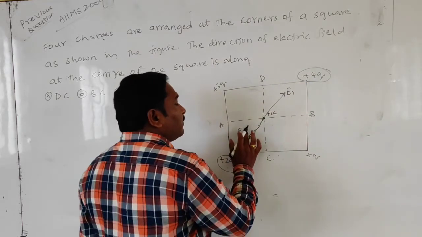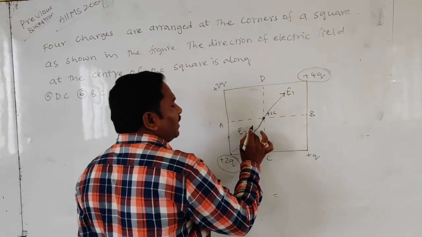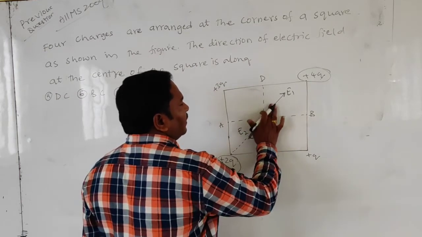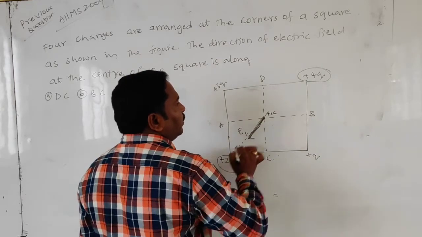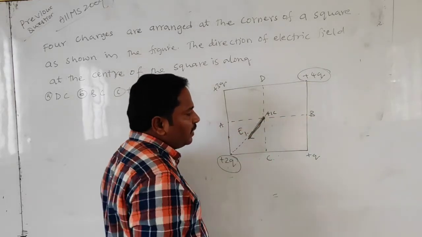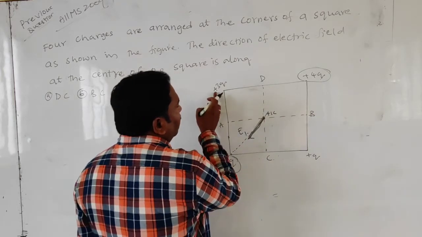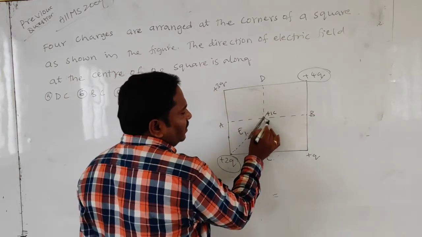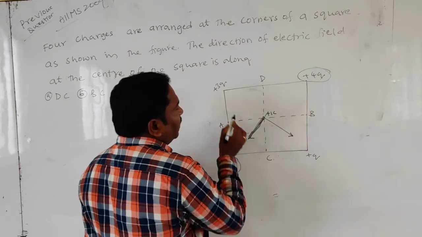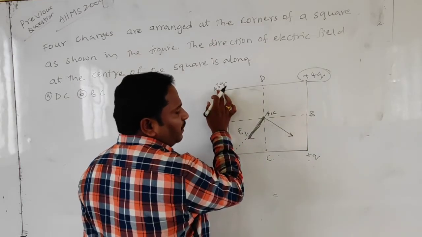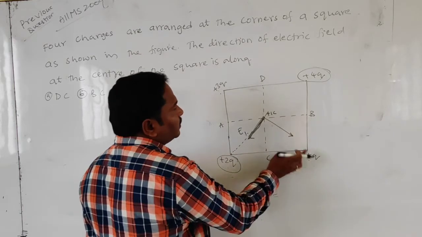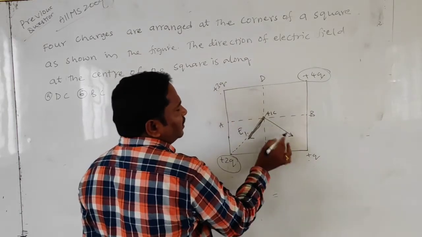So for this, the resultant electric field is in this direction. This is the E1, the resultant electric field due to plus 4Q and minus 4Q. Here plus 3Q, and what is the net effective charge? This is plus 3Q minus 3Q, so the effective is 2Q charge.